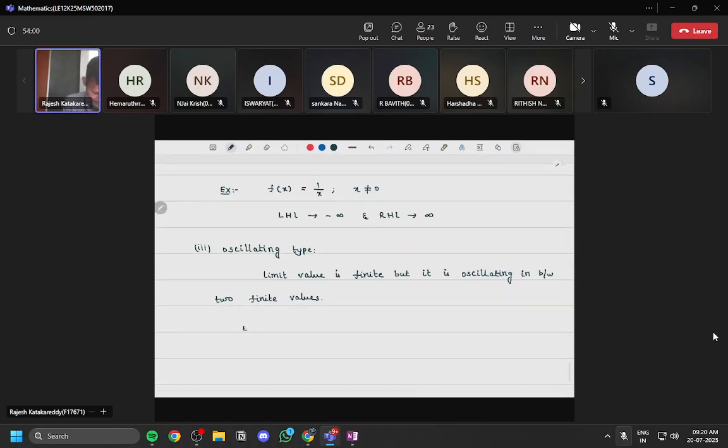So we can take an example: f of x is equal to cos 1 by x. If we take the limit as x approaches 0, definitely a finite value lying in between -1 and +1. But exactly how much it is, we are not sure. That's why it is called oscillating type discontinuity. Am I clear?